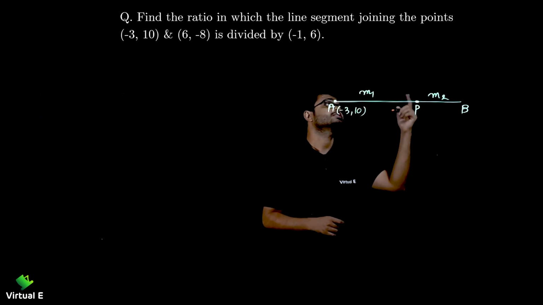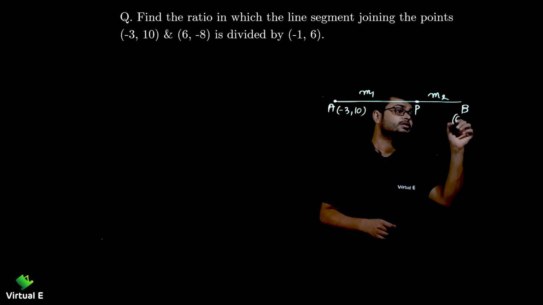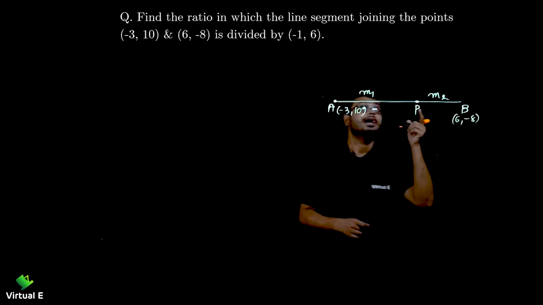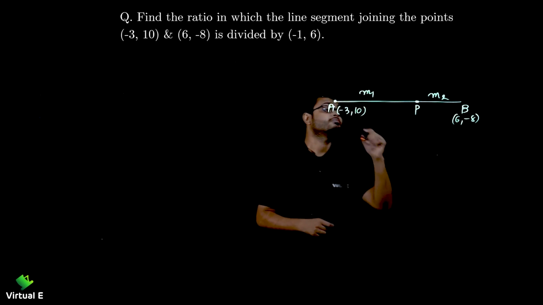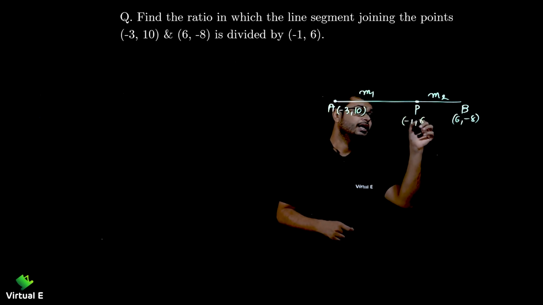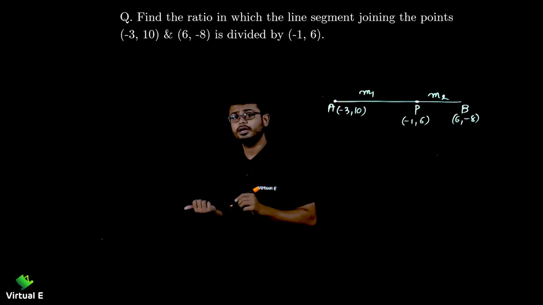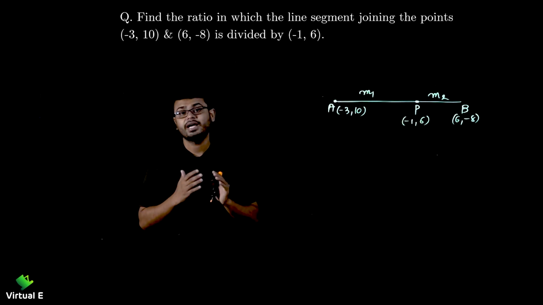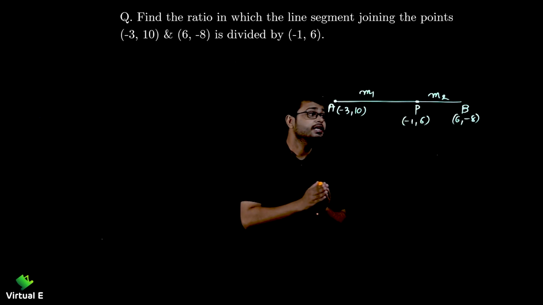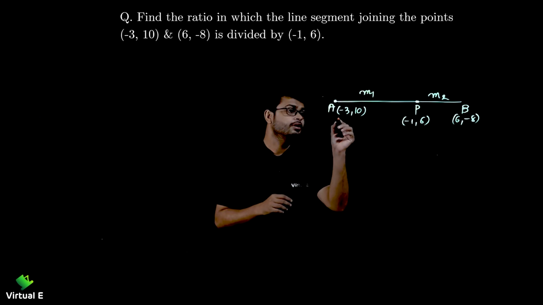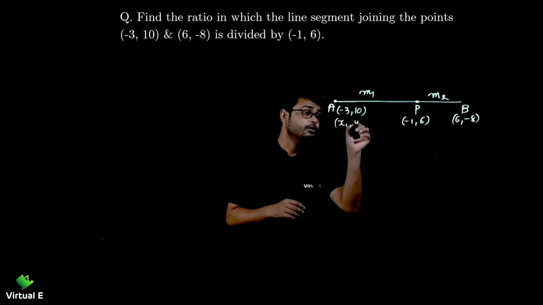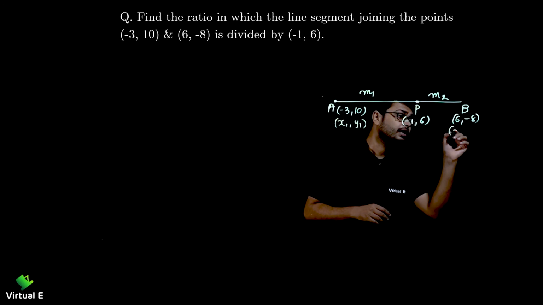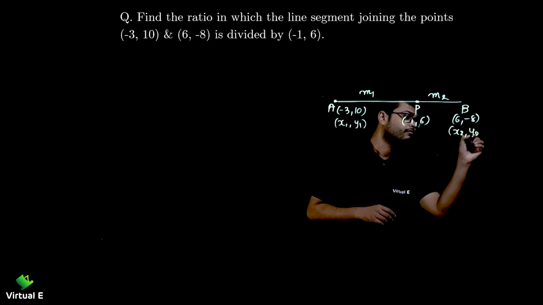Second point I'm saying (6, -8). And the point which is dividing is (-1, 6). What is missing? m1 by m2. For our understanding, let's label it. So here x1, y1 and x2, y2.